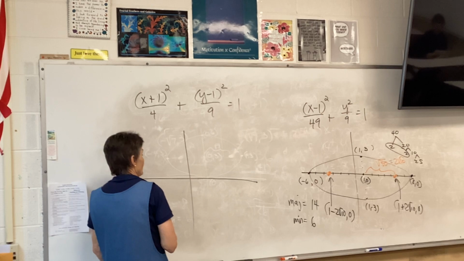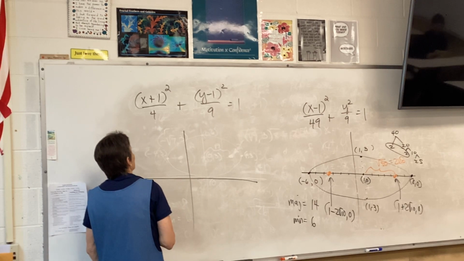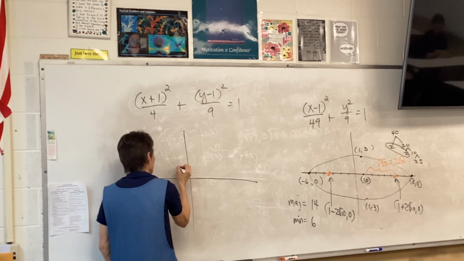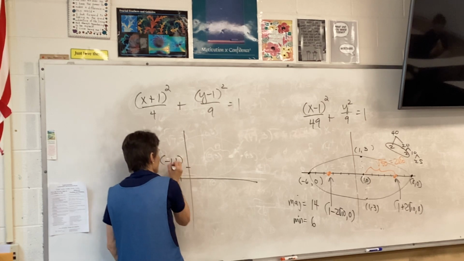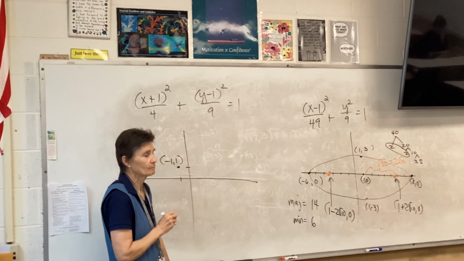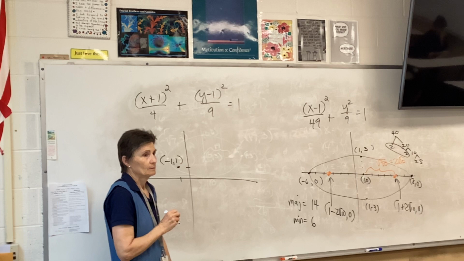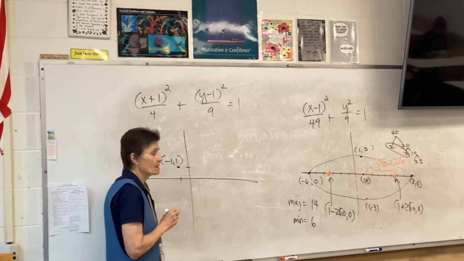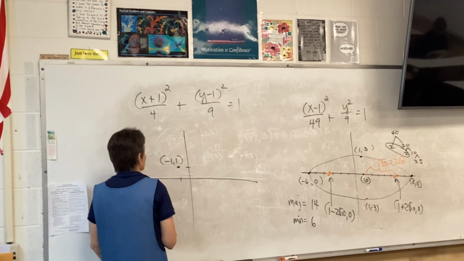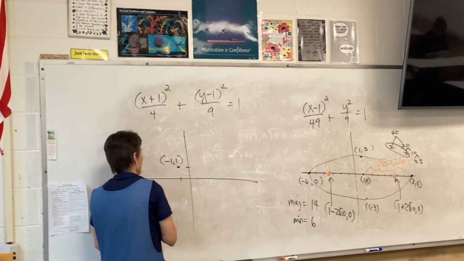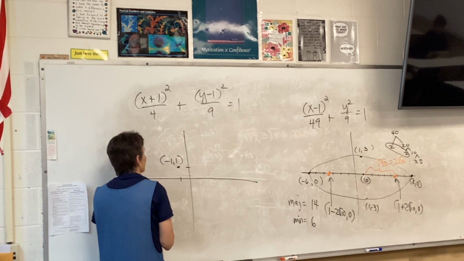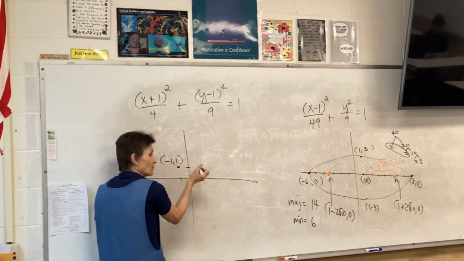Where did you put your center? Negative 1, 1. All right, are we in agreement with him that our center should be negative 1, 1? Yep. All right, and then where did you put your vertices, Sam? How did you find those, Sammy? Negative 3, negative 1. Okay, so you're going sideways first. Yeah.